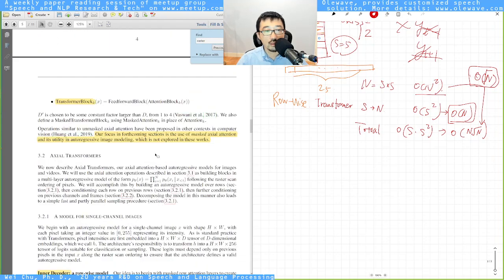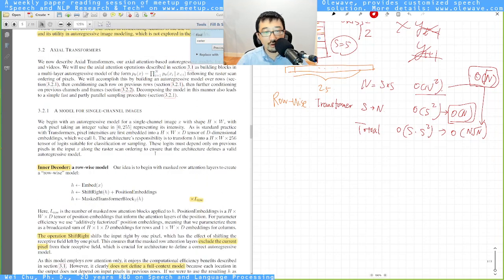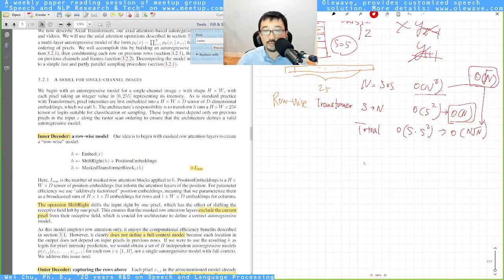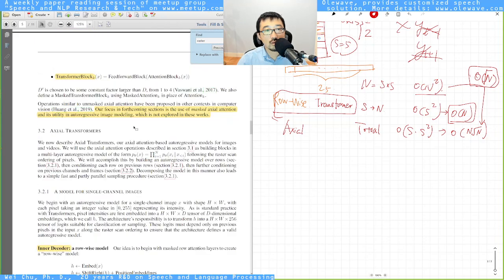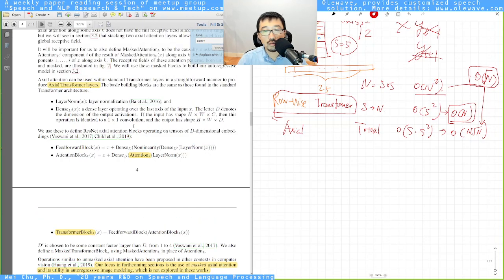Then let's see how the axial transformer is composed. I think it's called axial transformer layers.